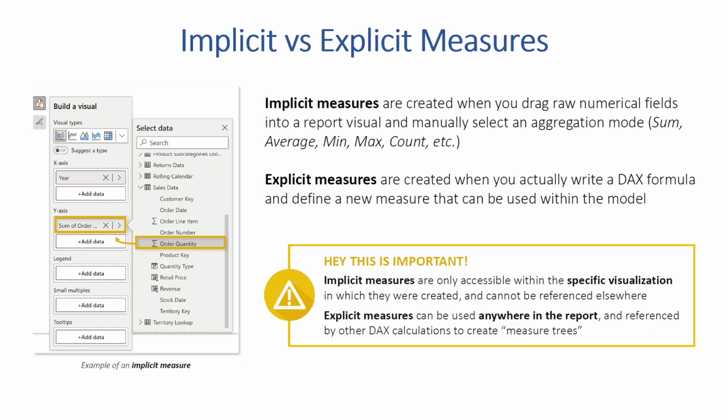An explicit measure can be used anywhere in the report and can be referenced by DAX calculations to create a measure tree. So this is the main concept of implicit and explicit. Implicit you are already aware of. Let's try to create an explicit measure in Power BI.